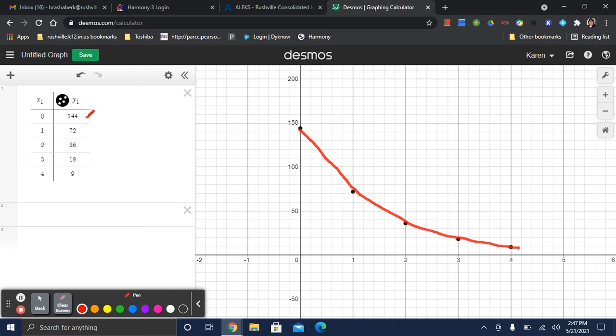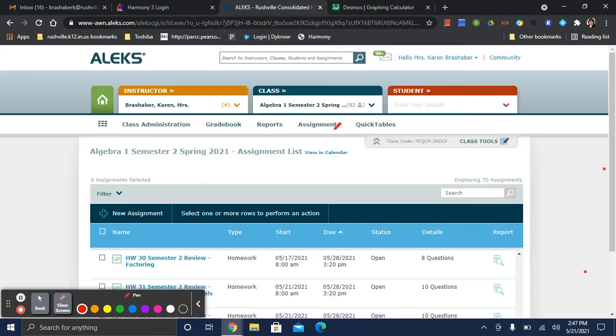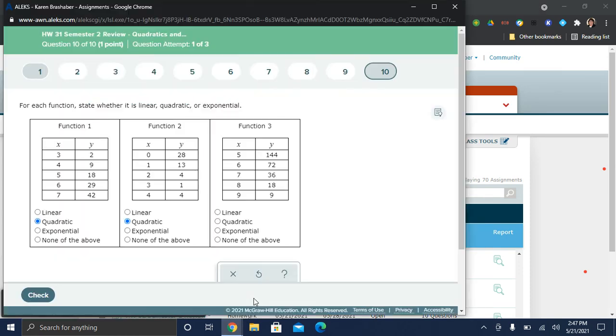I'm also noticing that these are not going down arithmetically, but rather they're being divided. This is divided by 2, this is divided by 2, and so on. And that is an exponential process. So I would choose on my Alex form here, exponential.